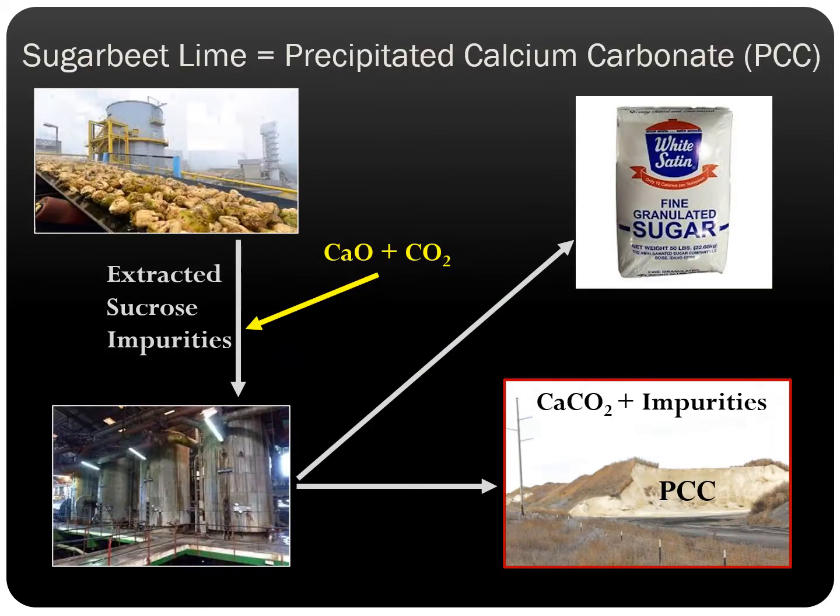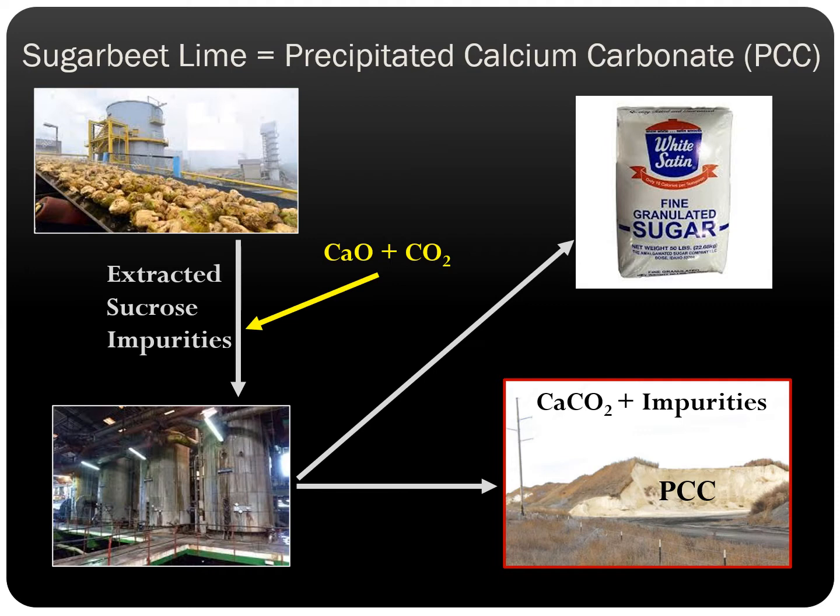So when we say sugar beet lime, what we're talking about is a material called precipitated calcium carbonate, or PCC as an acronym. This material is formed during the extraction of sucrose and sugar within the sugar beet. Part of the process is to get all that pure sucrose removed from everything else.